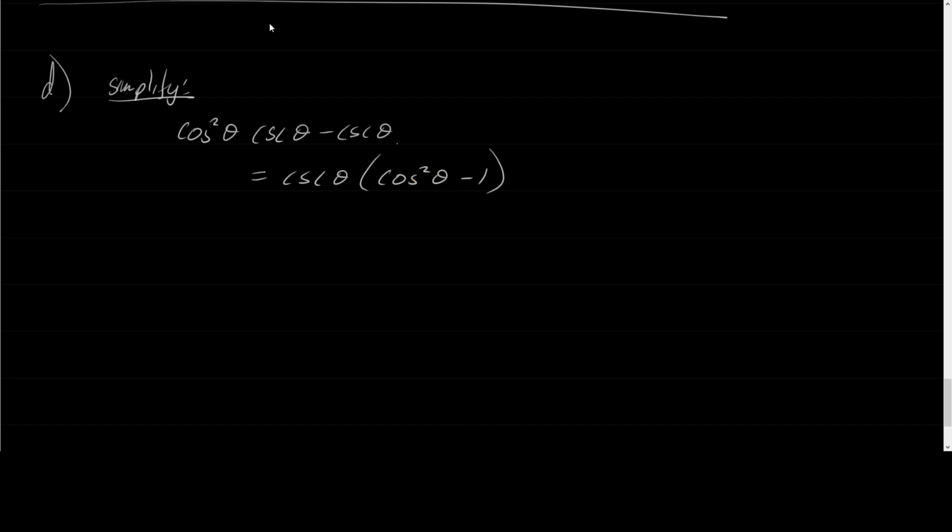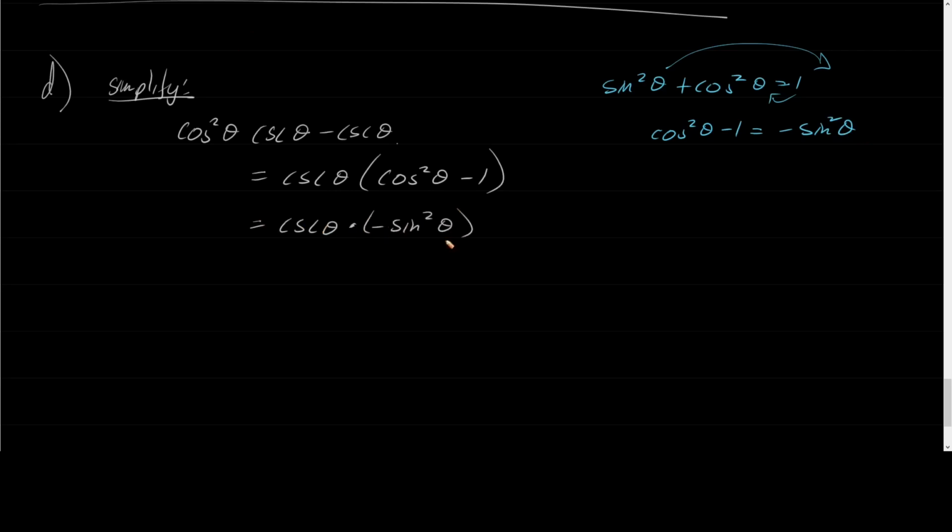It should remind you of one of the Pythagorean identities, namely that sine squared plus cosine squared is equal to 1. So if I move this 1 over this way and the sine squared over that way, I end up with cosine squared theta minus 1 is equal to negative sine squared theta. All right, so at this point, I would say that the statement is really just cosecant theta times negative sine squared theta.